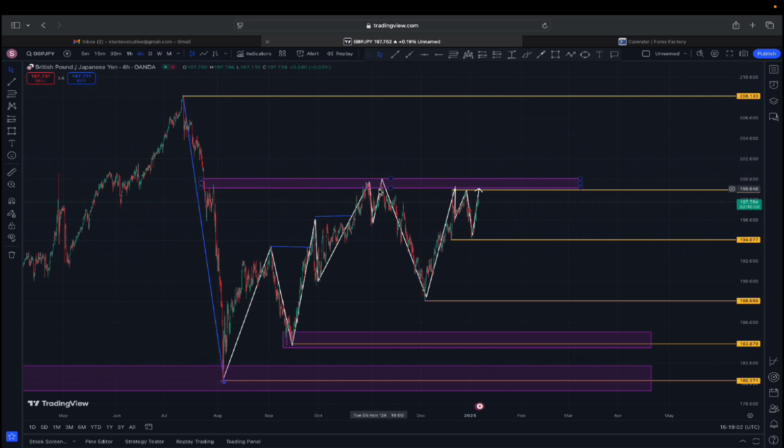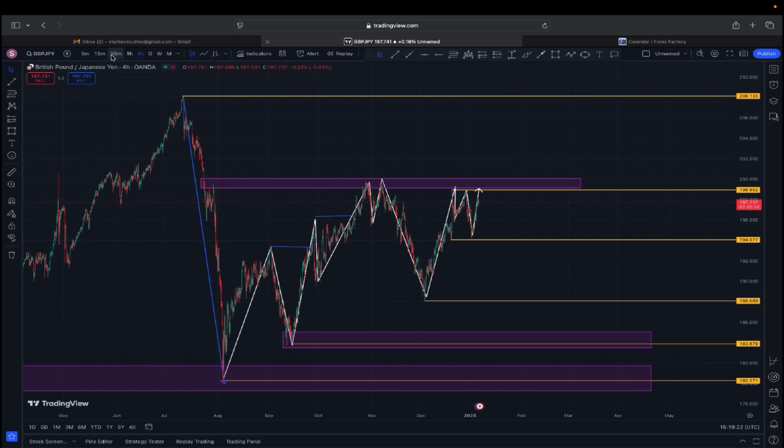Whenever you see a double top, market can actually give you a signal that there is a reversal. Double tops can be a signal for reversals, especially in a higher time frame. So I'm making my analysis in a 4-hour time frame.